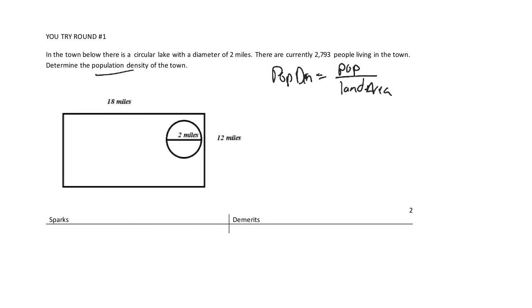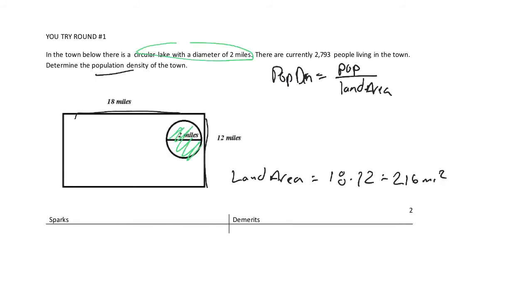Now the land area, always got to calculate that, is 18 times 12, which equals 216 square miles. But there is a circular lake with a diameter of 2, so the circle area is pi times the radius squared. The radius isn't 2, it's 1. So we've got to subtract pi again. So minus pi for the lake.